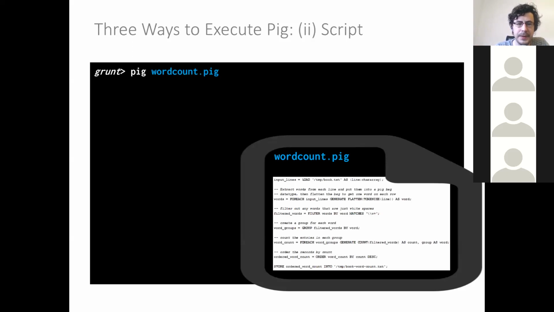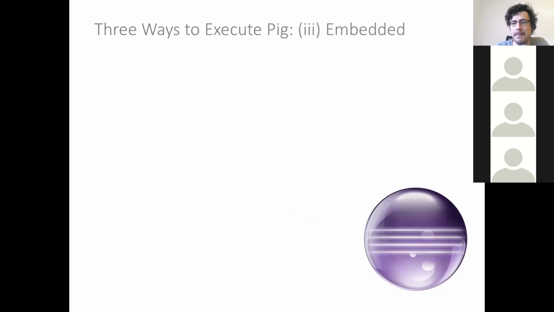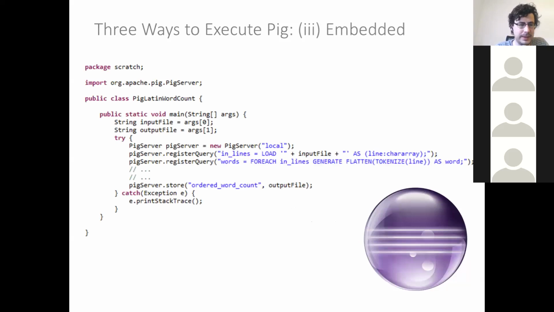The third way would be embedded. As I mentioned before, you can call MapReduce, like Java MapReduce jars, from pig, but in the other direction as well. From Java, you can also call pig, which is not a typical way at all to execute pig, but you could conceivably call pig from Java code, for example.